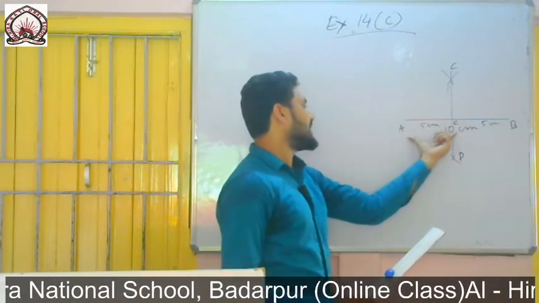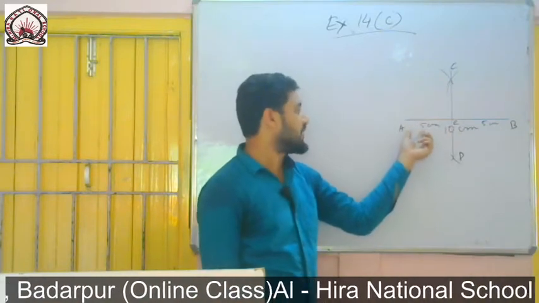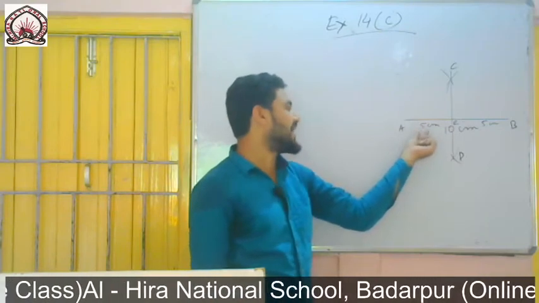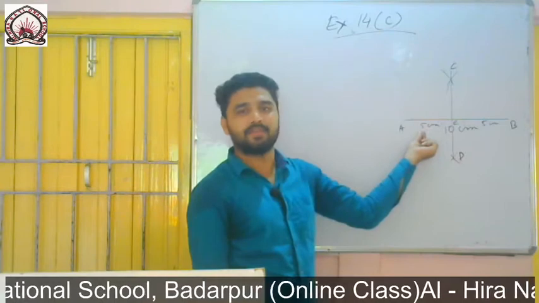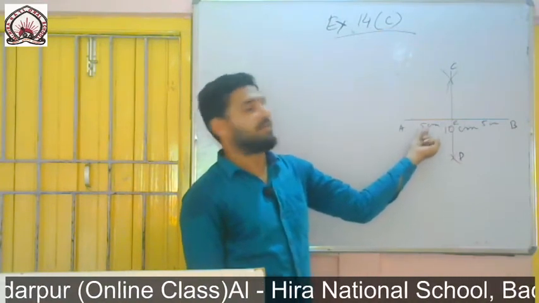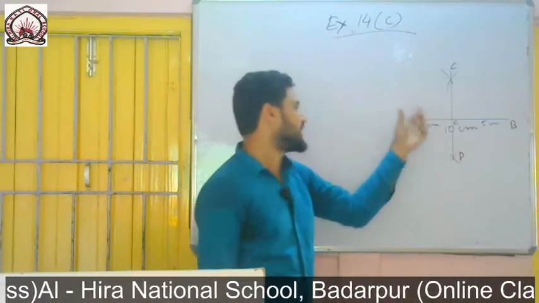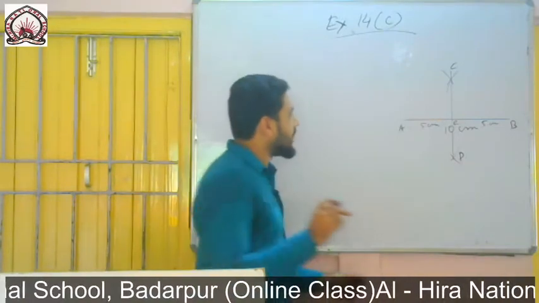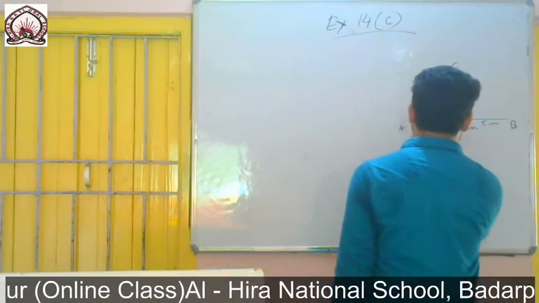The measurement of AE is 5 centimeter. Half of 5 is 2.5. So we have to take a radius more than half of the length AE, that means more than half of 5. That means 2.6. You take 2.6.